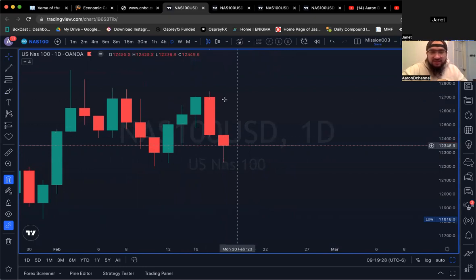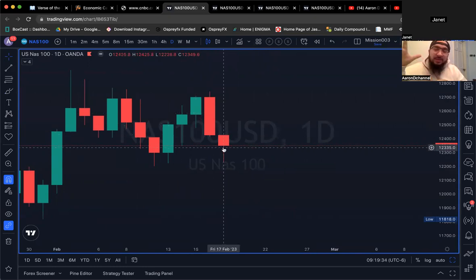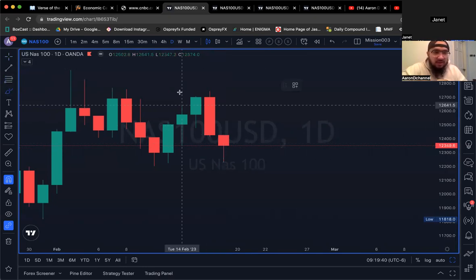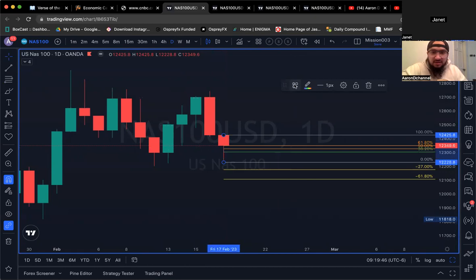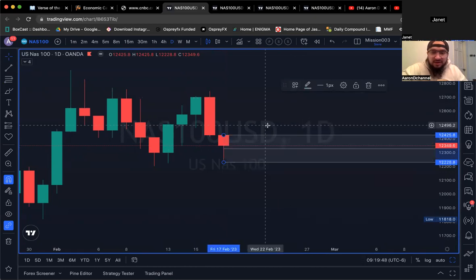Now, if I were to click H1, then this one candle will bust into how many candles? 24. So this one candle right here, and what I'll do is I will create a little range for us to see exactly what that looks like.